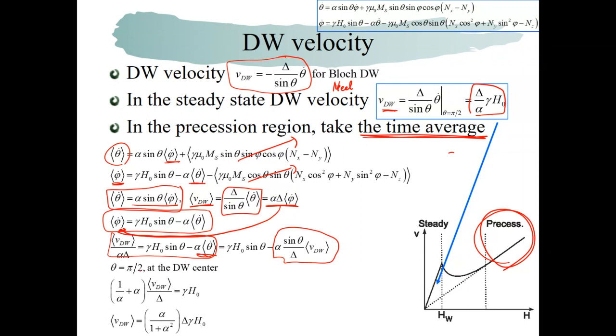And we are also working at theta equal to pi over 2, so sine theta is just 1. So we can rearrange this relation. We can move this one to the left-hand side, and we can collect the alpha in this form. So finally, we obtained the relation for the domain velocity in the precession region.